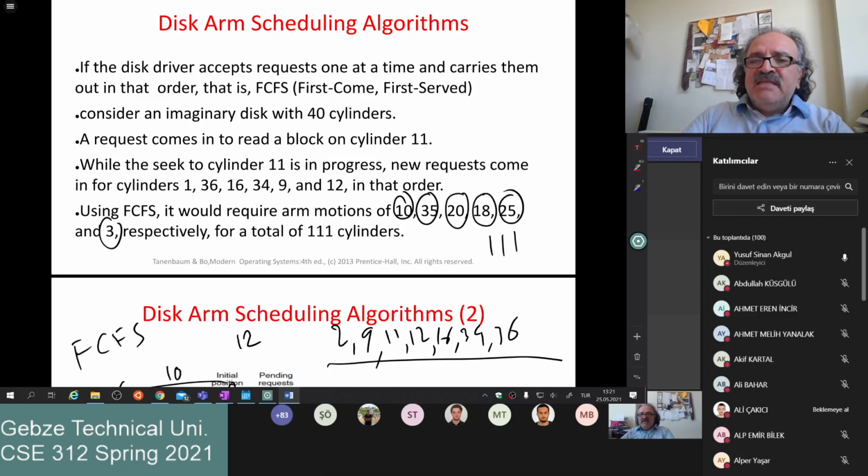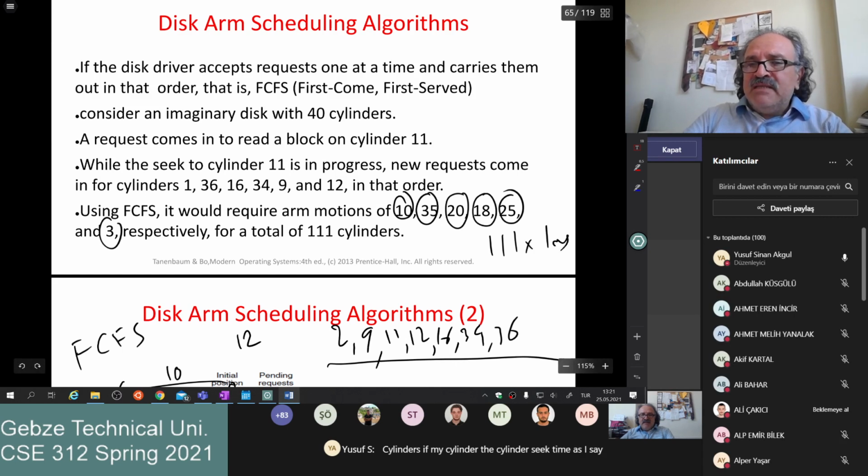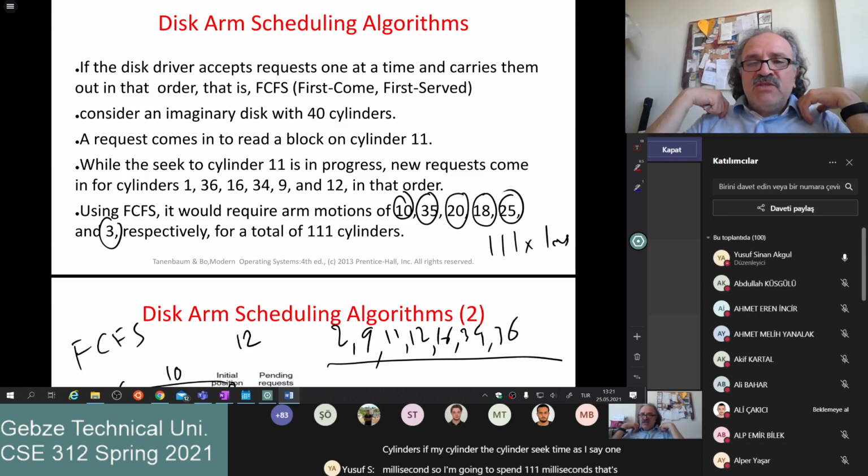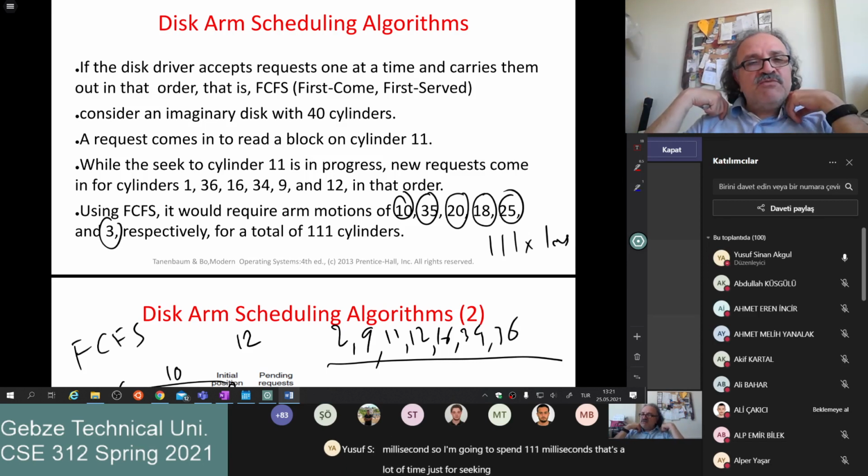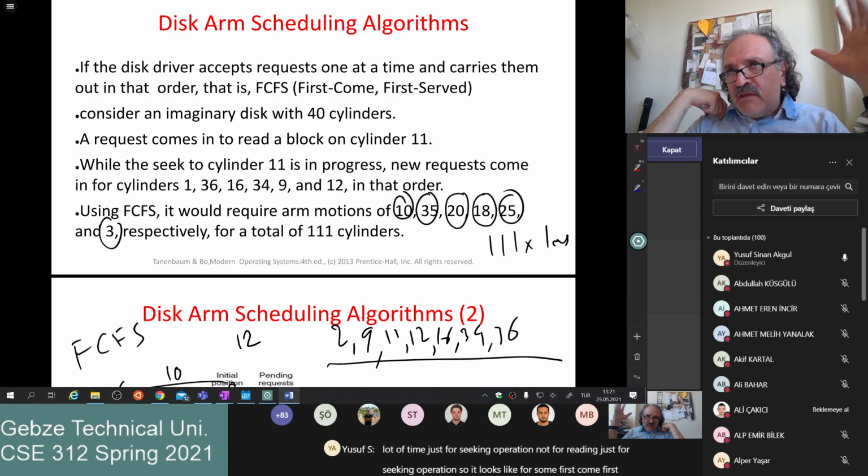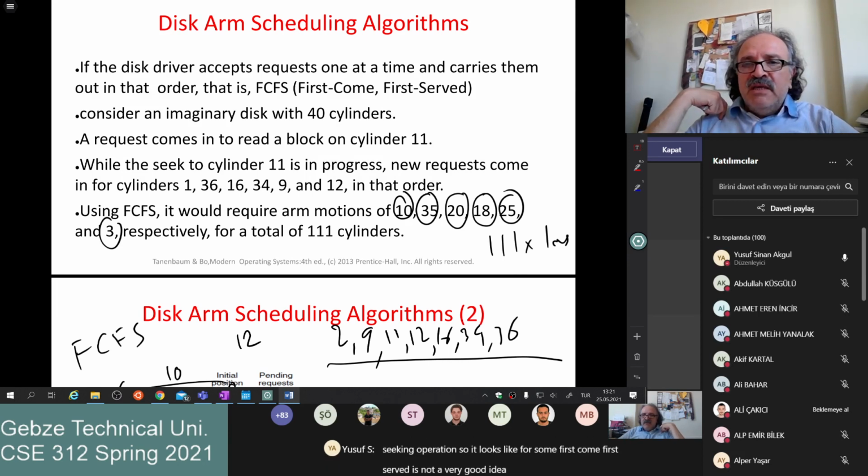If the cylinder seek time is, let's say, 1 millisecond, I am going to spend 111 milliseconds. That's a lot of time, just for seeking, not for reading. So first come first served is not a very good idea because it keeps going back and forth on my disk.